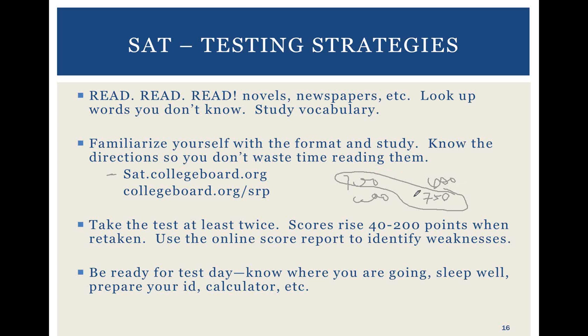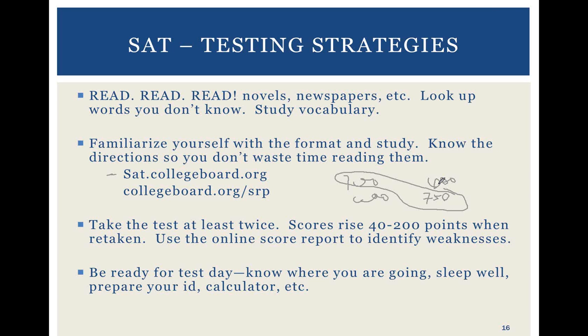That's called super scoring, and sometimes universities will do that too because they want their numbers to look high, don't we all? And so plan to take the exam at least twice. As I said, in the spring of your 10th grade and then in the fall of your senior year. You can always take it earlier if you'd like, but at least give yourself enough time to do that.